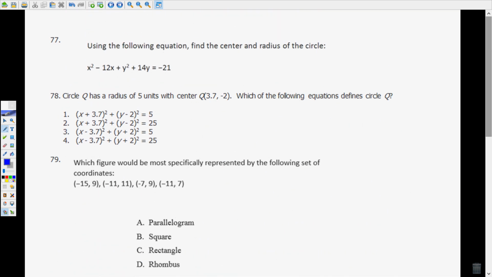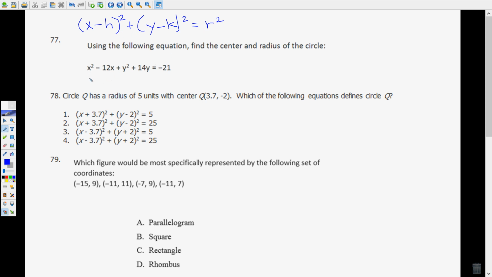Number 77. Using the following equation, find the center and radius of the circle. So if you remember from not too long ago, we were completing the square. Remember that the equation of a circle is x minus h all squared plus y minus k all squared equals r squared. So we need to get this to look like that.